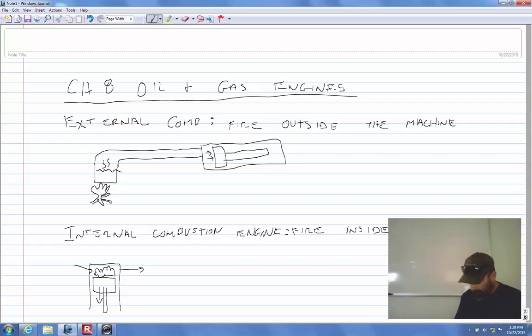So then we get into what was our main delay of why we couldn't get started on internal combustion engines right away? Why wasn't that the first thing that we invented? We didn't really have a good fuel.